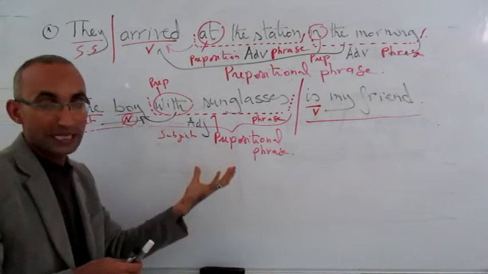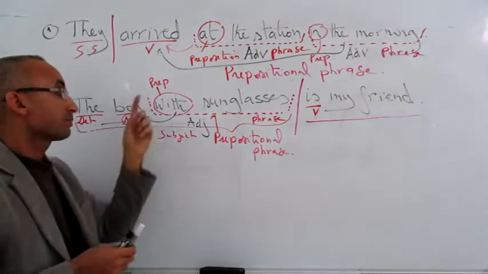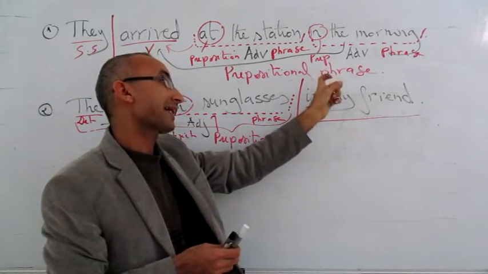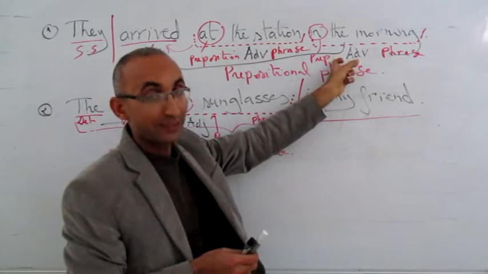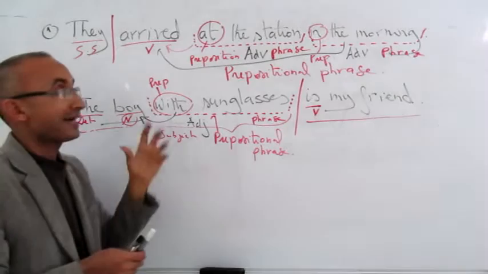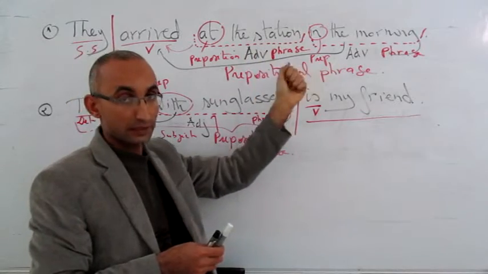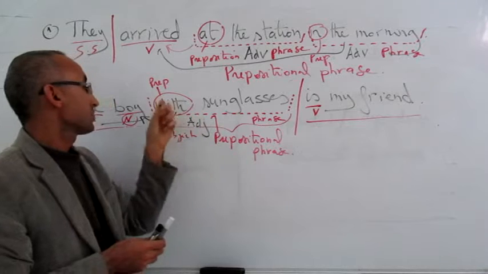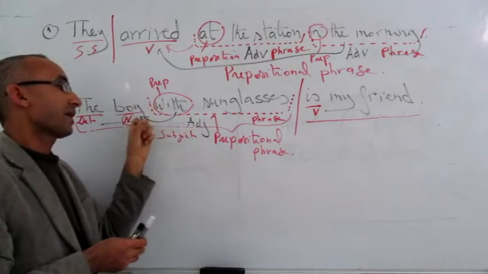Now here is our first type of phrases, which starts with a preposition and which is called the prepositional phrase. Yes, it can act either as an adverb, when it is related to the verb, and when it usually indicates time, place, or manner, how. Or it can act as an adjective when it modifies, or is related to, a noun.